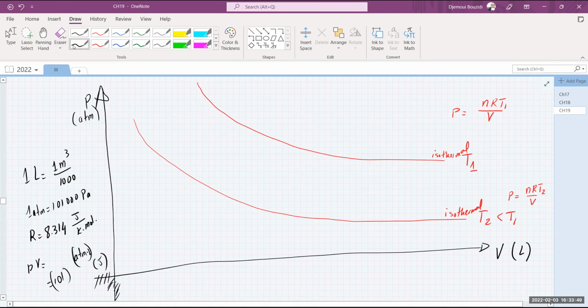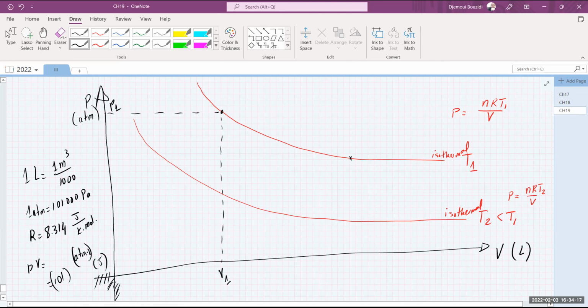Let's take this point on this isothermal, of a volume, which I'm going to call V1, and a pressure, which I'm going to call P1. So this point has definite values for the pressure, the volume, and the temperature being T1, and whatever you want to define on it.